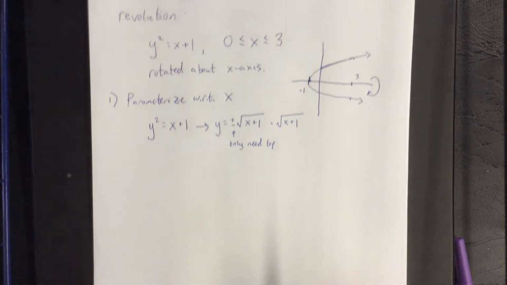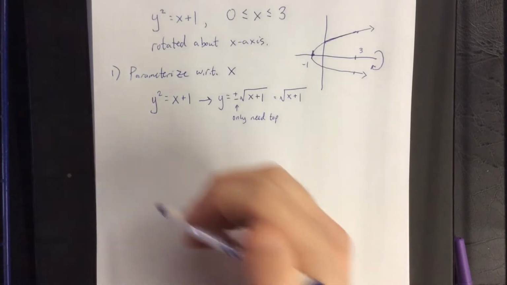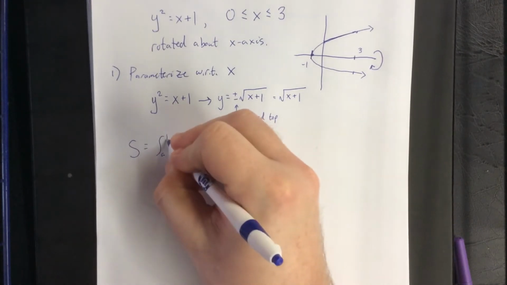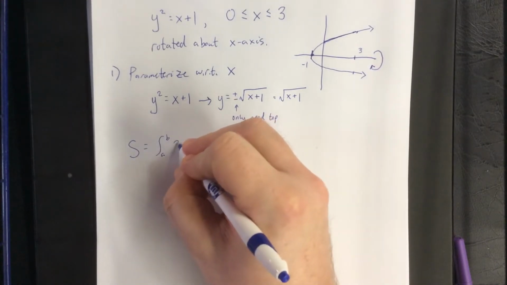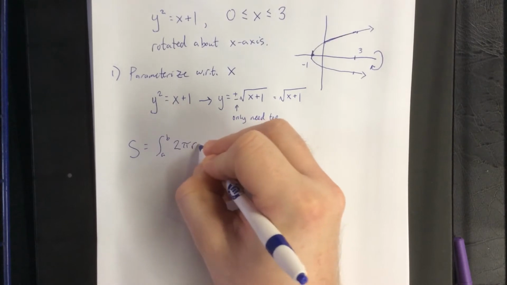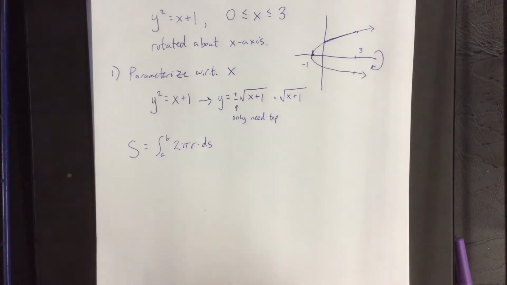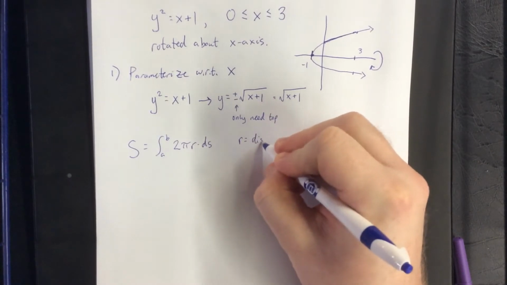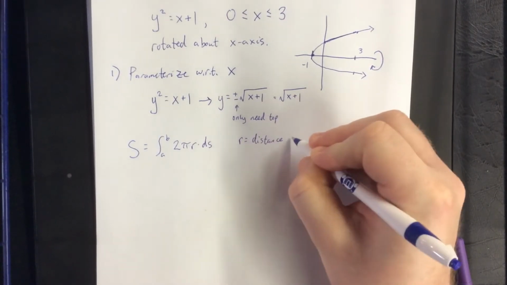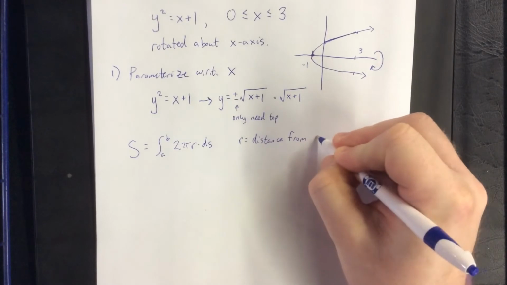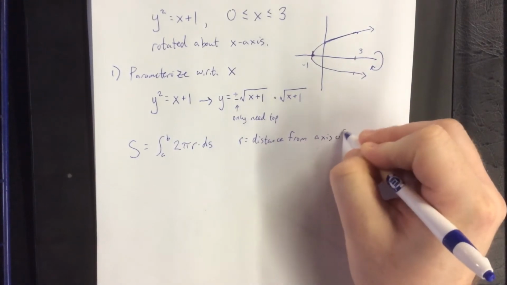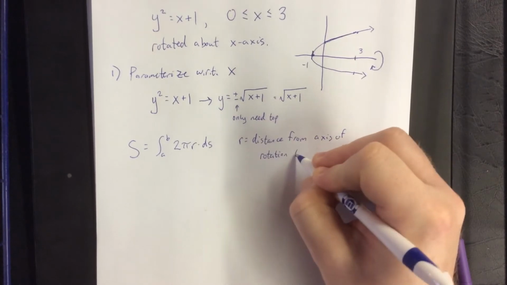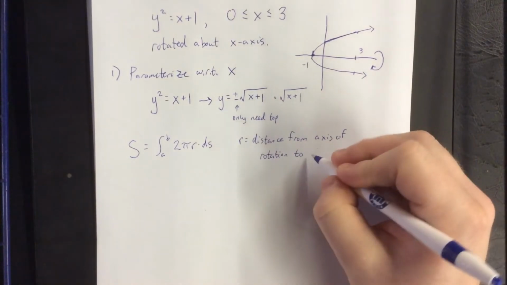Now, the formula that we have for surface area of revolution, capital S, is equal to definite integral from limit to limit of a circumference times ds. Now, r refers to the distance from axis of rotation to whatever our function is.